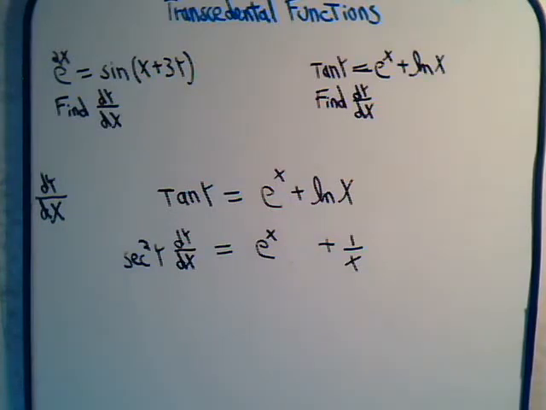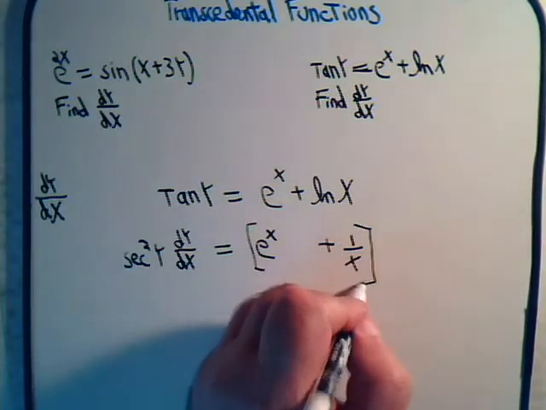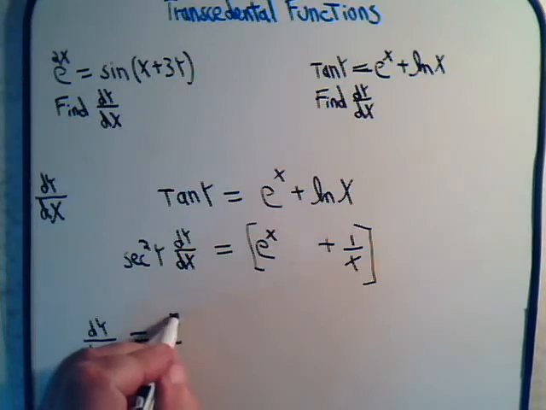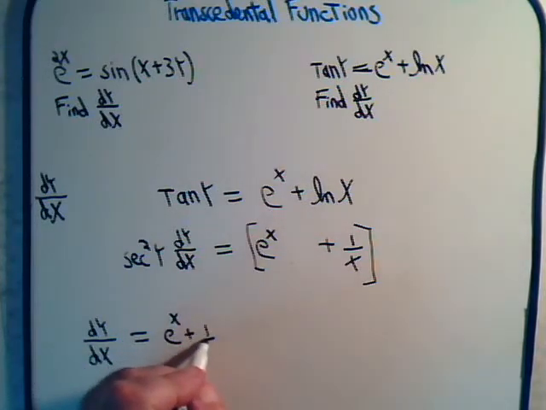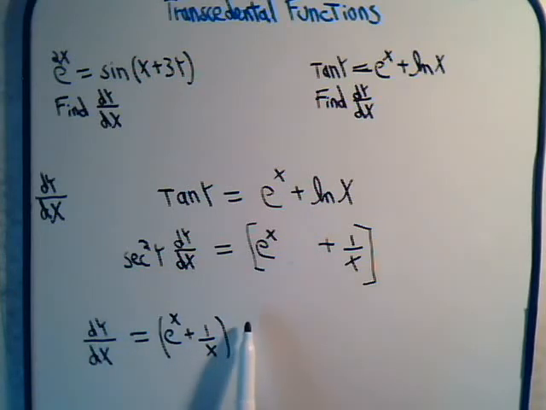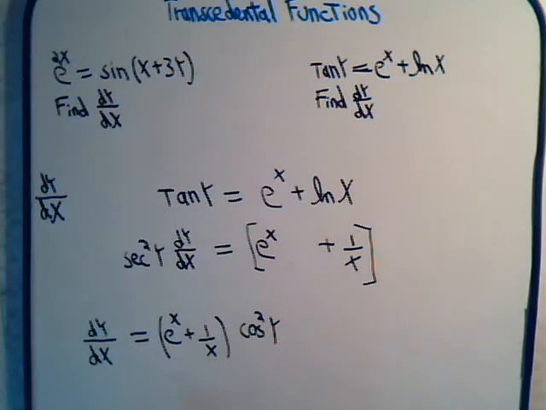So here we have then that the secant squared of y times dy/dx equals e to the x plus 1 over x. We can divide both sides of the equation by this, and we'll have dy/dx equals e to the x plus 1 over x, and divided by the secant squared of y, that's the same thing as multiplying by the cosine squared of y. So this would be times the cosine squared of y. And there's our dy/dx.